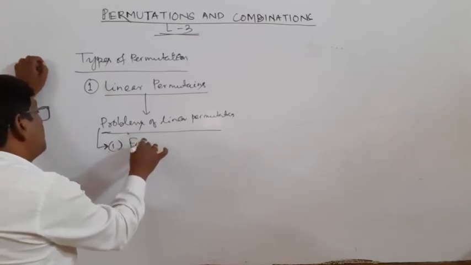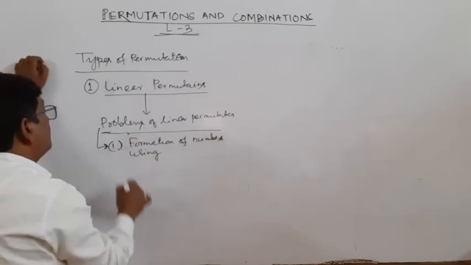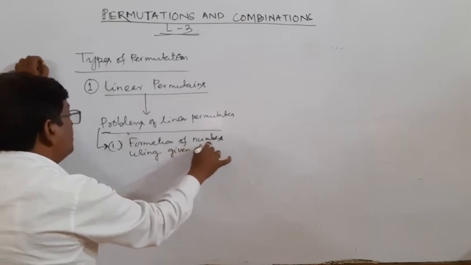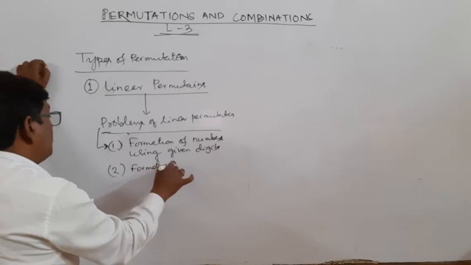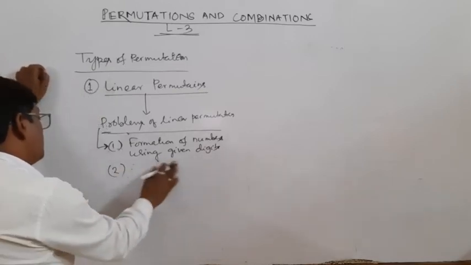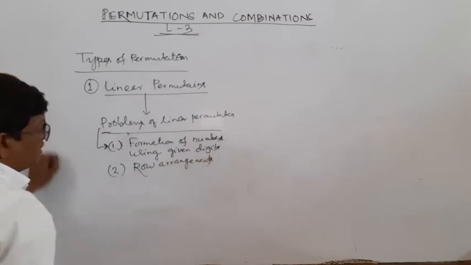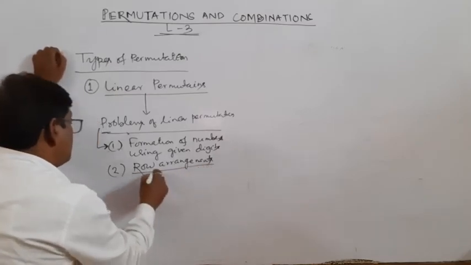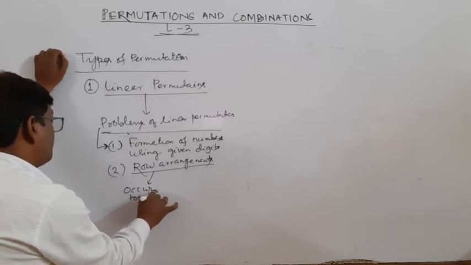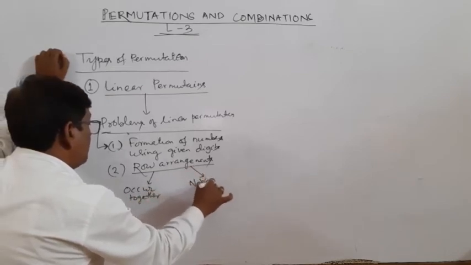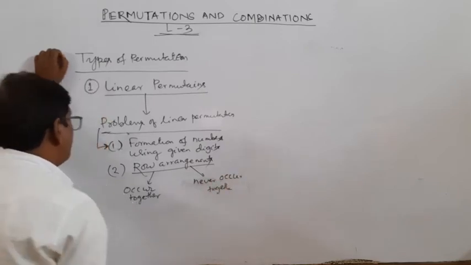Number two, formation of row arrangements, where there are some conditions: row arrangements occurring together and never occurring together type problems.